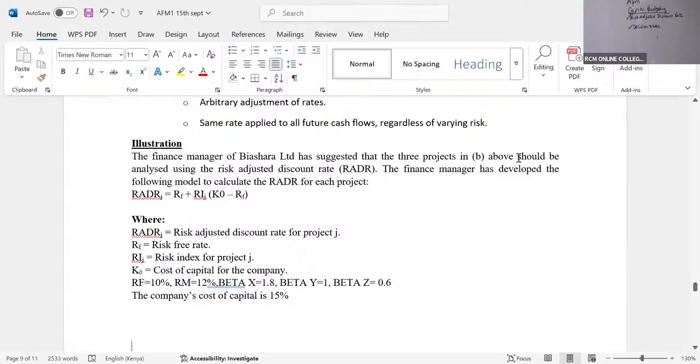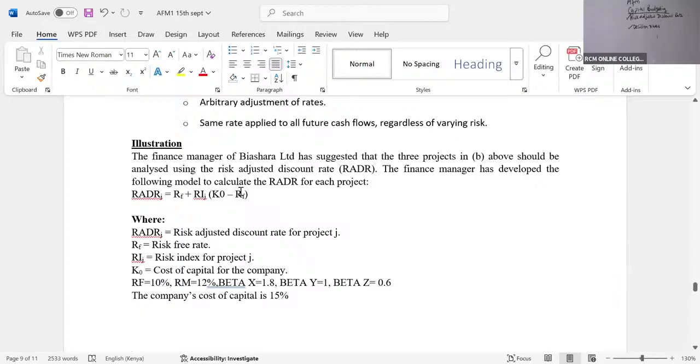The finance manager has developed the following model to calculate the RADR for each project. So we have RADR equal to risk-free rate plus a risk index, capital RI, times (KO minus RF).